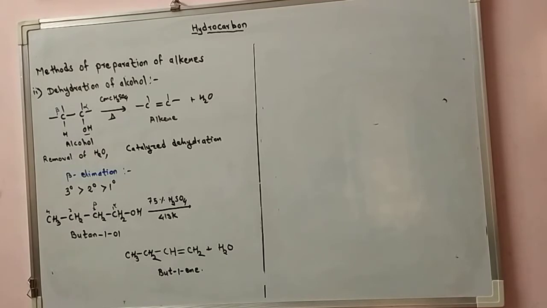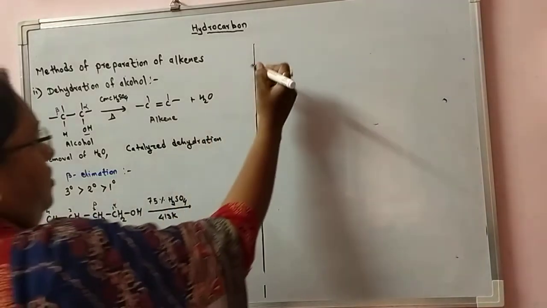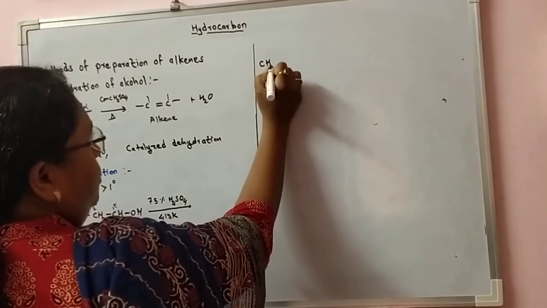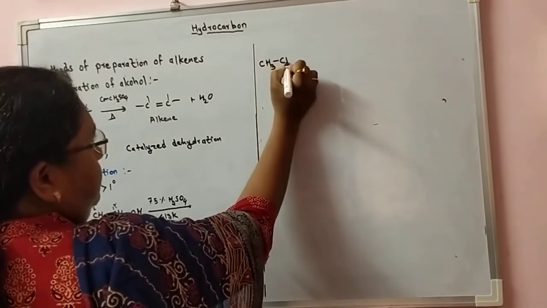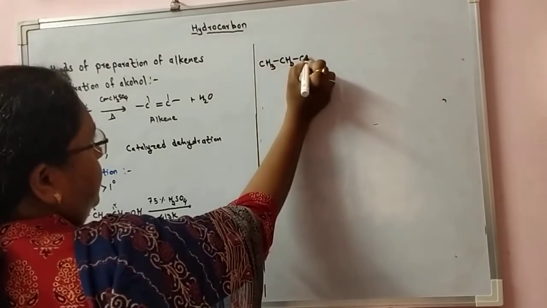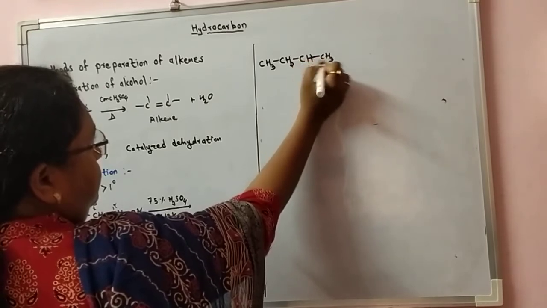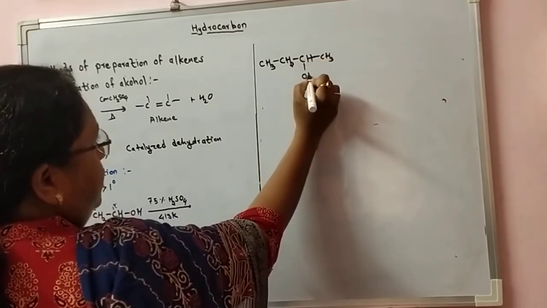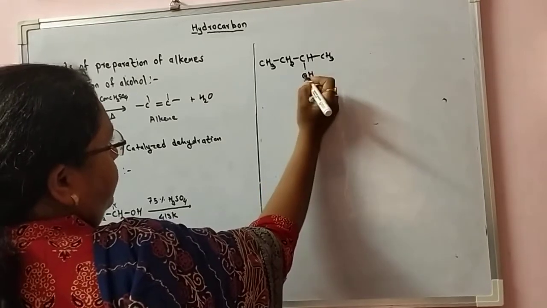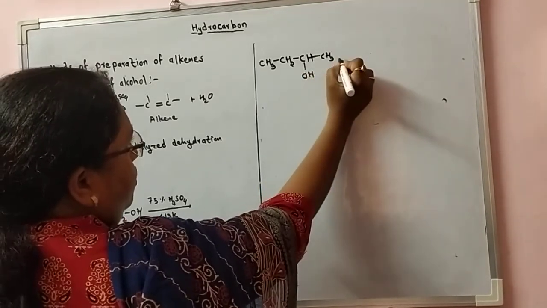Now let's see the example of secondary butyl alcohol. The reaction condition here, the temperature is different, 373. So secondary butyl alcohol, CH3, CH2, and on this secondary carbon a hydroxyl group is attached, 4 carbon atoms, secondary butyl alcohol.